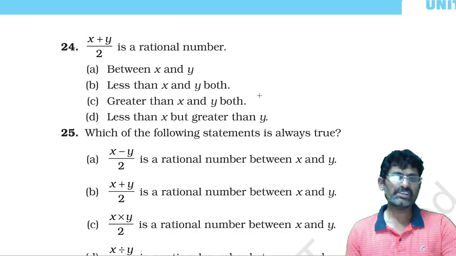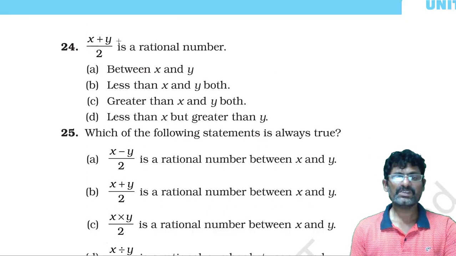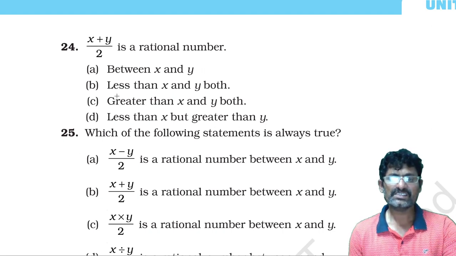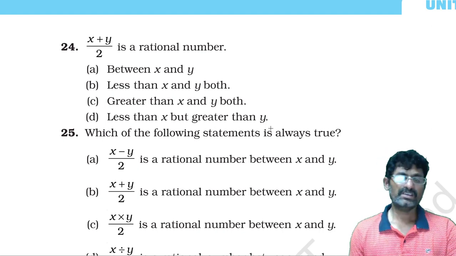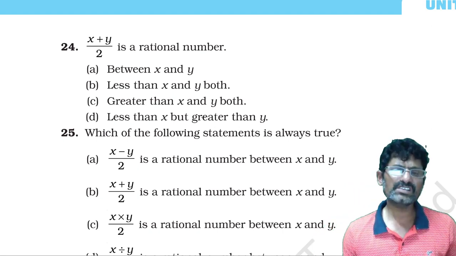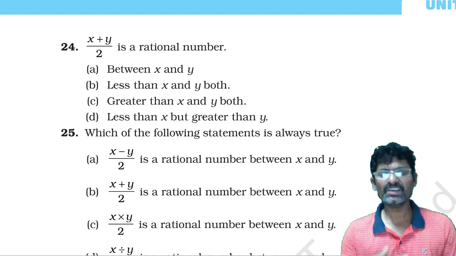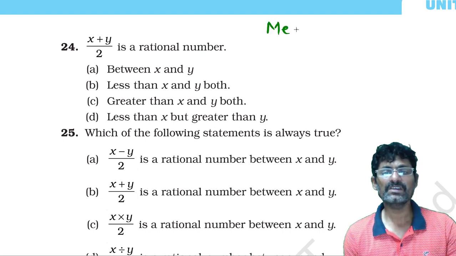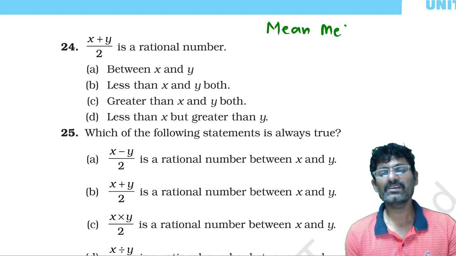Okay. Next 24th problem. X plus y all over 2 is a rational number. Let us see the options. Between x and y, less than x and y both, greater than x and y both, less than x but greater than y. Now let us check. To answer this question, let us recall the mean method. What is mean method?